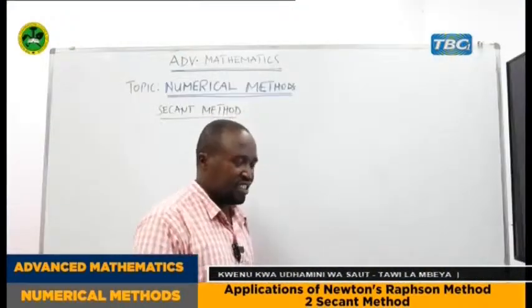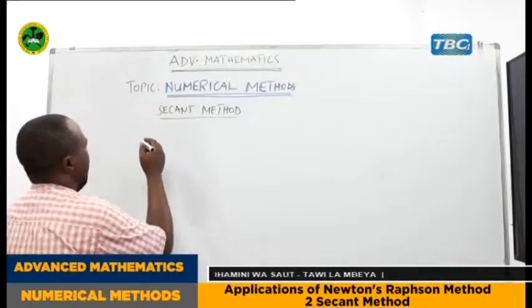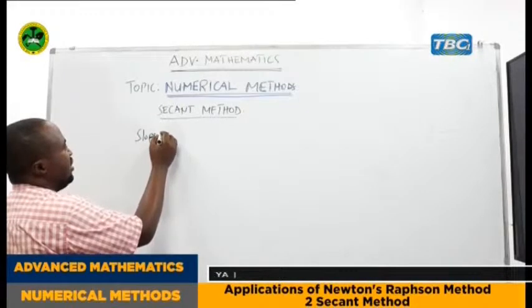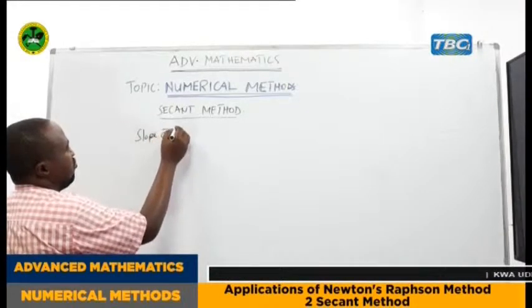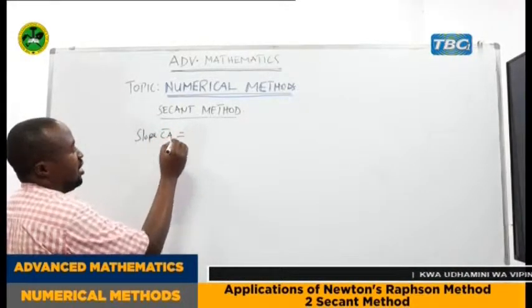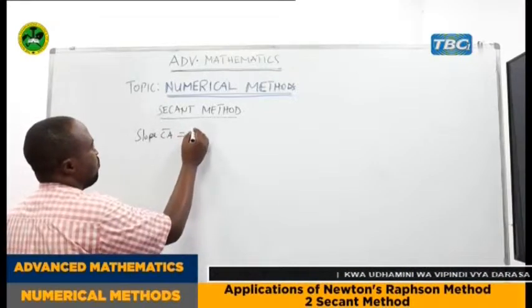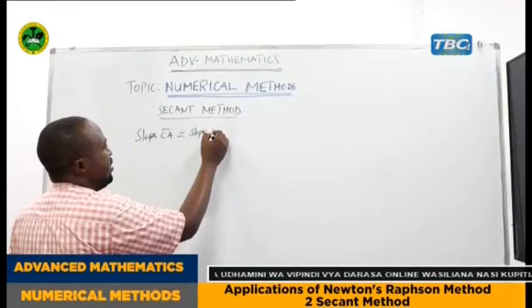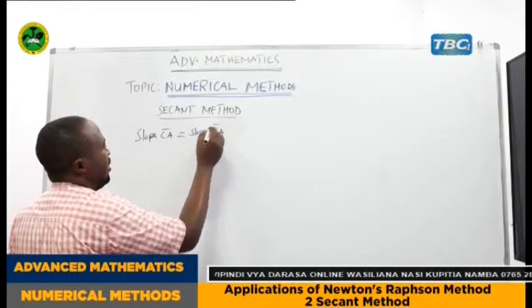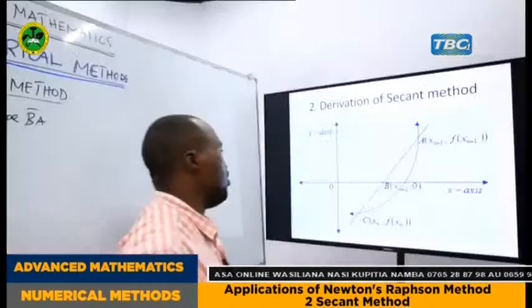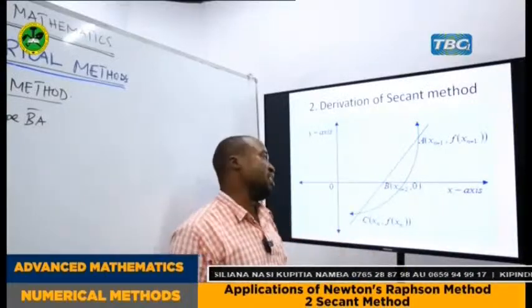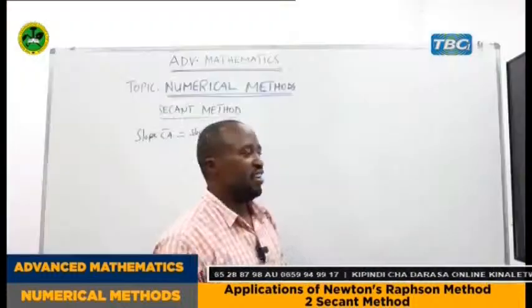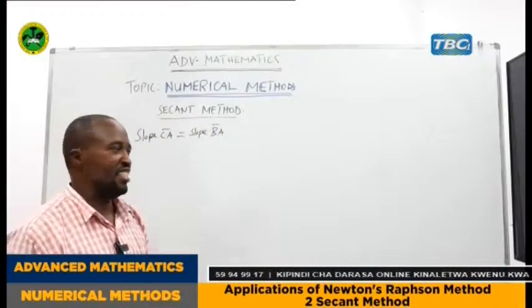Now since it is a straight line, therefore the slope of CA will be the same as the slope of BA. The slope of CA will be the same as the slope of BA. Now what is the slope of CA?